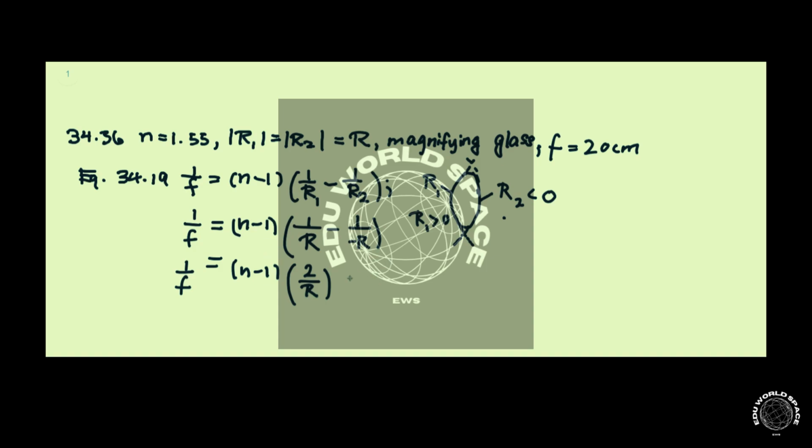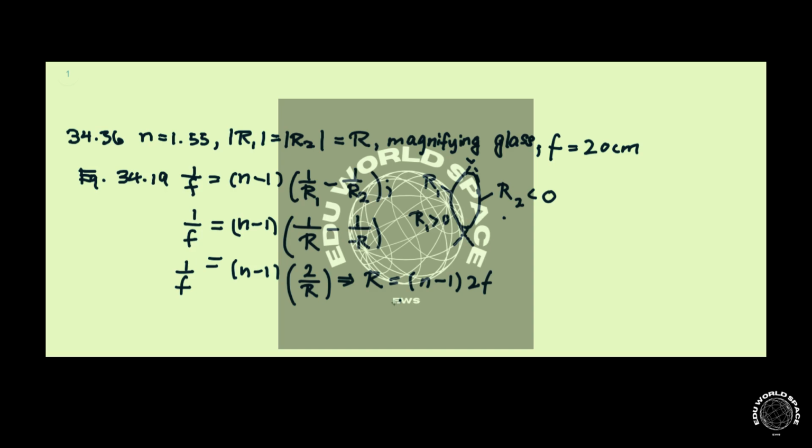We can readily do this if we multiply the left and right sides both by f, and then multiply both sides also by R. If I do that, then I have R on this side equal to n minus 1 times 2f.